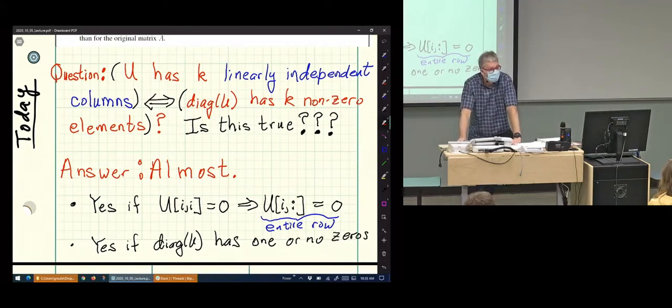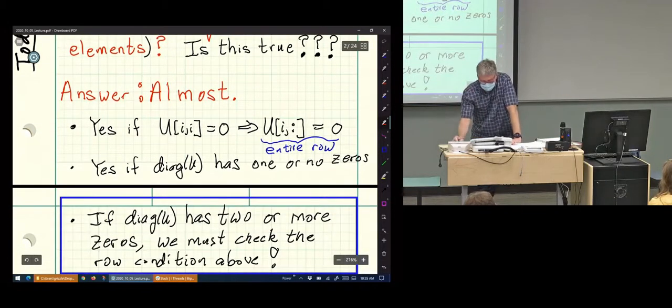And the answer is no, it's not true, okay? It is true if U has one or fewer zeros on its diagonal, and it is true if whenever you find a zero on the diagonal, you look at the entire row and you get zero, then everything is fine.